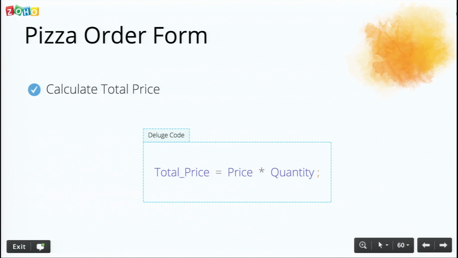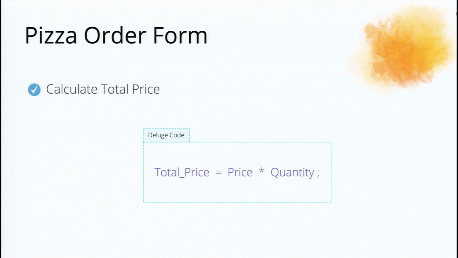The first thing is calculate total price. Anyone have trouble reading this? Total price equals price multiplied with quantity. Simple? Okay, that's the first step. So we learned what arithmetic operators are, right? With that, we're calculating the total price.